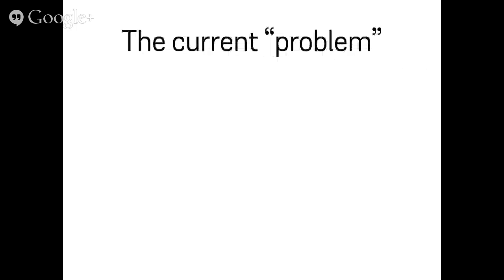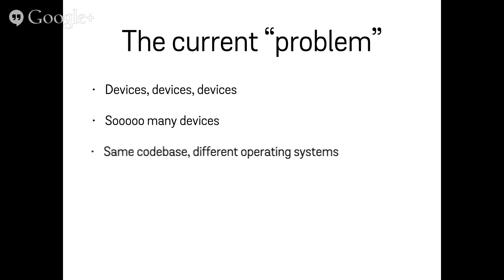So the current problem, as I see it, is we have a lot of devices for everything. It's just a lot. And what I find interesting is, in the example of iOS and OS X, they actually share the same code base, but they're separate operating systems, same as Windows Phone and Windows operating systems.